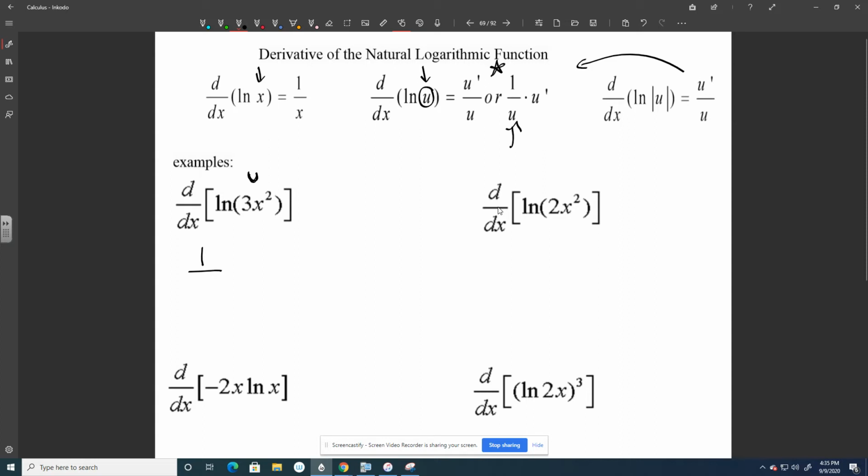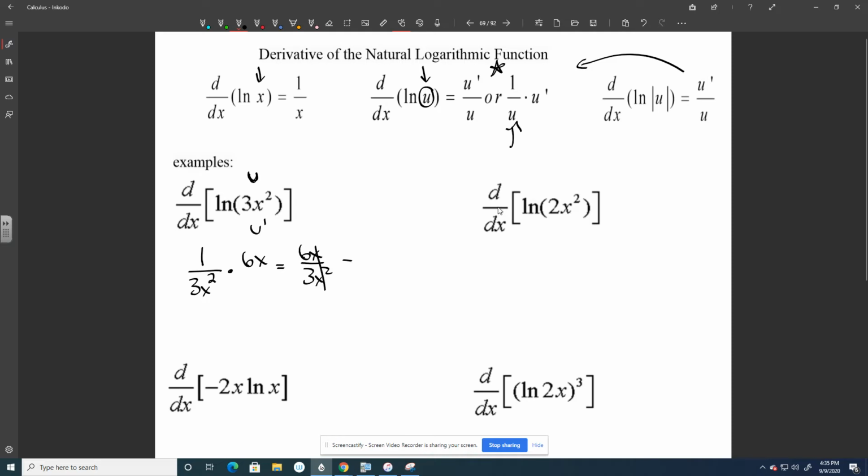So 1 goes on top and u goes on the bottom. So just the inside, the 3x squared goes on the bottom. And then that's multiplied by the derivative of u. So I've got to put u prime, so the derivative of the inside, and that's just 6x is my derivative of the inside. Now this one I can rewrite nicely as 6x over 3x squared because things cancel.